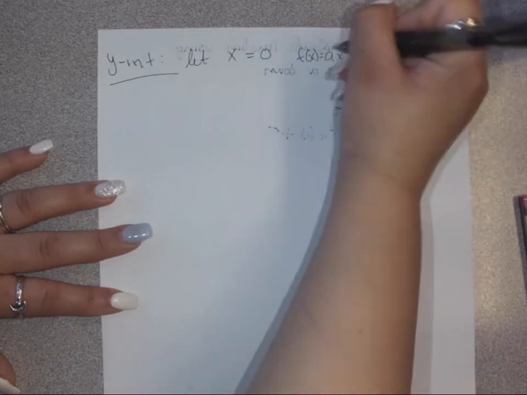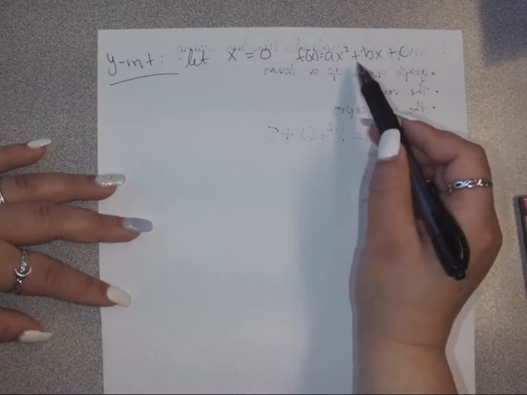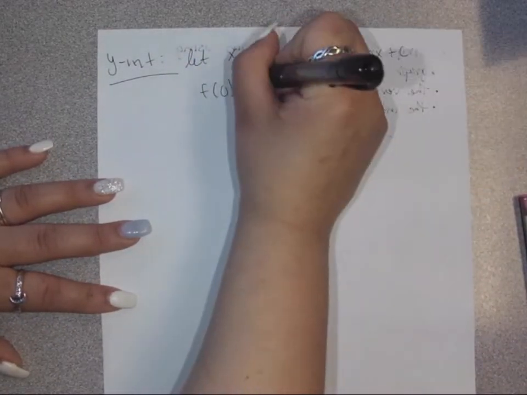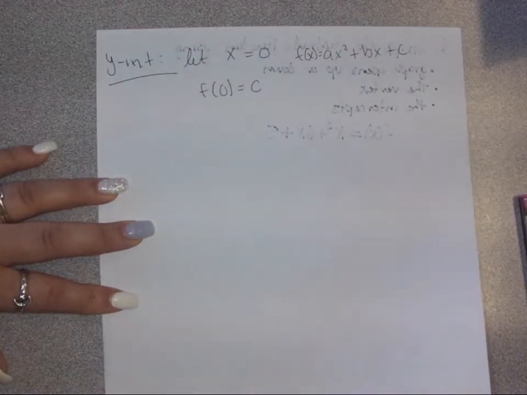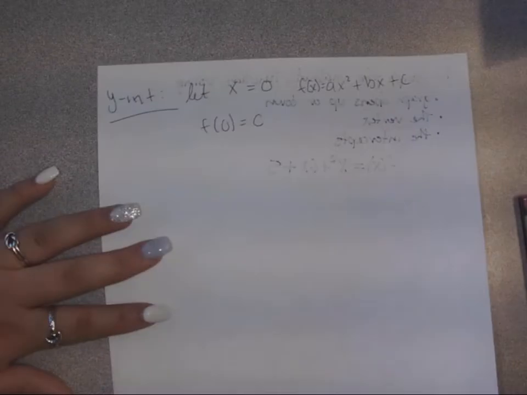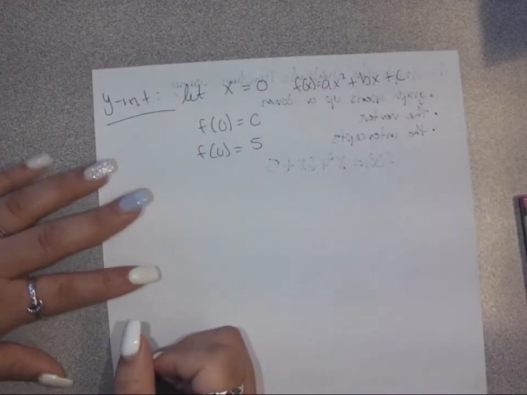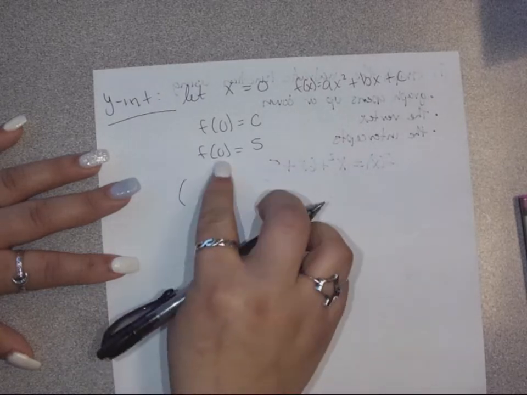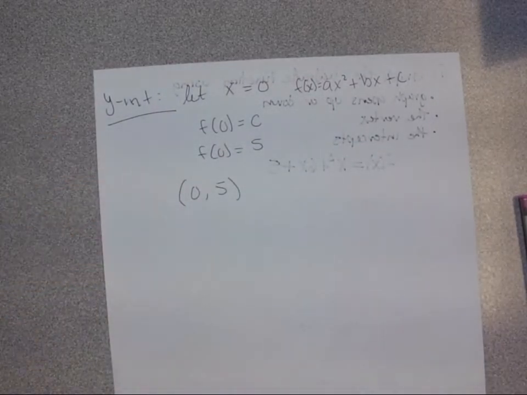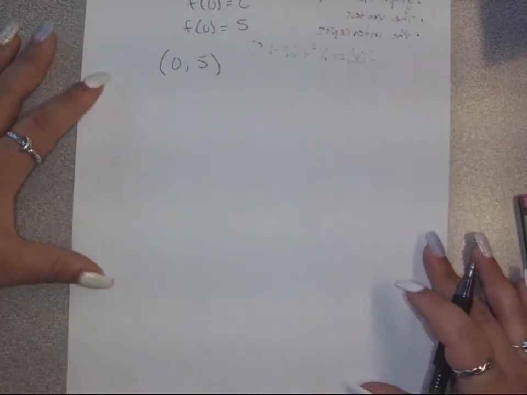If you have a quadratic of this form, your a and your b terms are going to go away, so you simply worry about f of 0 being equal to your constant. So go back to the problem. In this case, our constant is 5, so we know f of 0 is equal to 5. So I know my y-intercept is going to be the point 0, 5. Now you have all the pieces of information needed to go ahead and graph your quadratic.